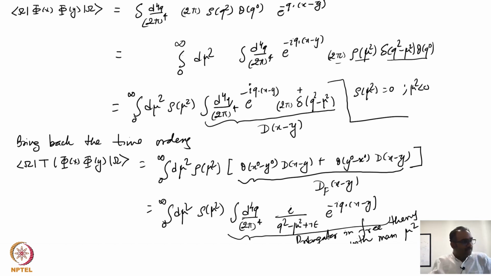So what you see is that the 2-point function, or this object, is equivalent to a sum over propagators in free theory, where each propagator is multiplied with the weight factor rho of mu square, and then you sum over all the mu square.